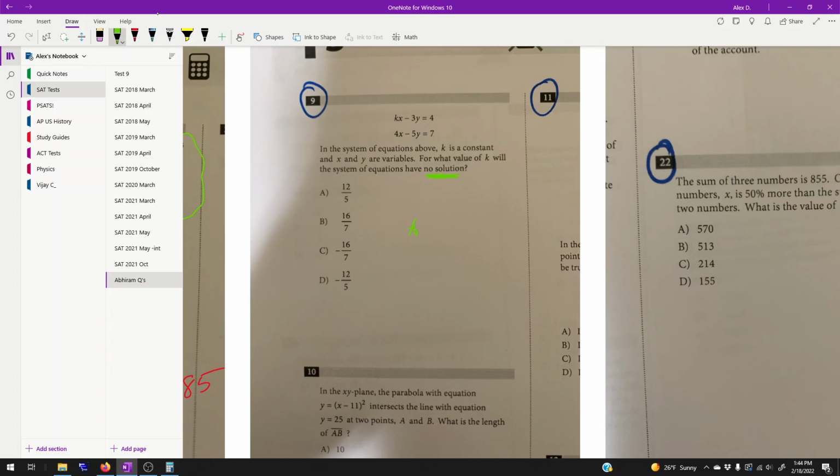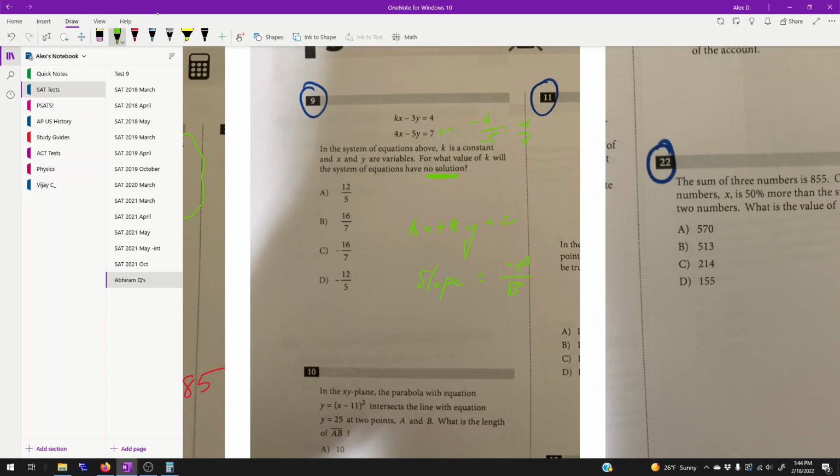In standard form, ax plus by equals c, the slope is equal to negative a over b. So in this equation here, negative 4 over negative 5 is the slope, so of course 4 over 5 is our slope.